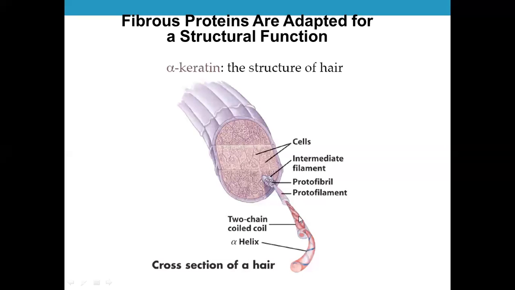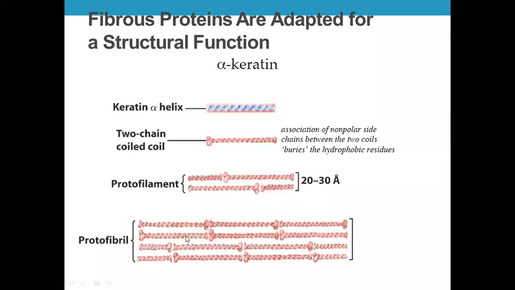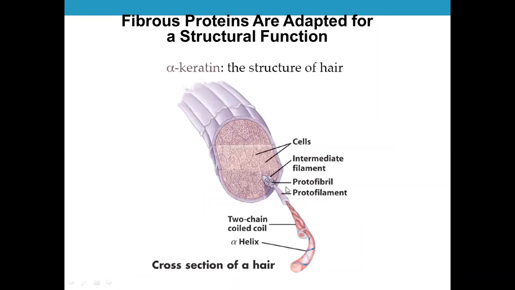You have your alpha helix, and then two alpha helices that will make your coiled coil. From that you have your protofilament. From that you have a greater number of protofilaments, 2 or more, 1, 2, 3, more than 2, in a sequence. Then you have your protofibril, and you have your hair.